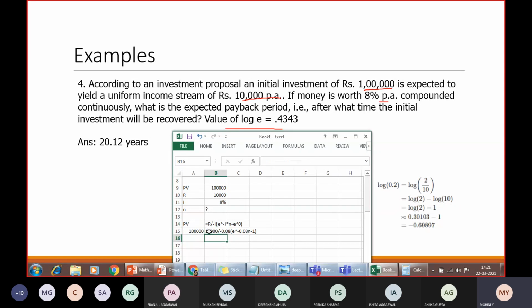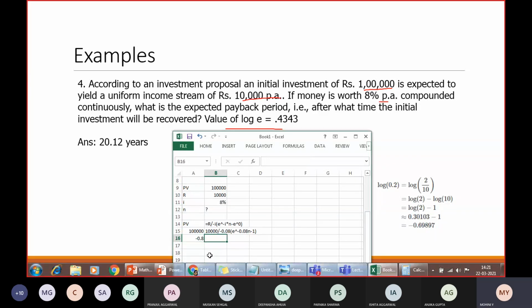Okay, now we'll take these values to the left hand side, so it will be 1 lakh into minus 0.08 divided by 10,000.